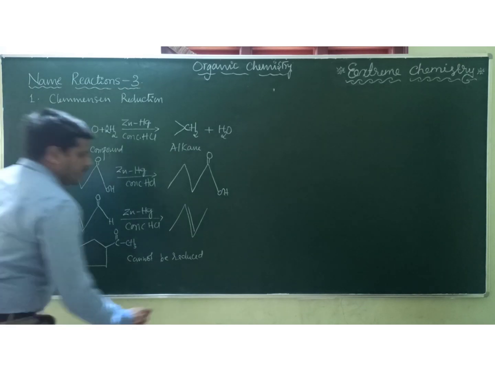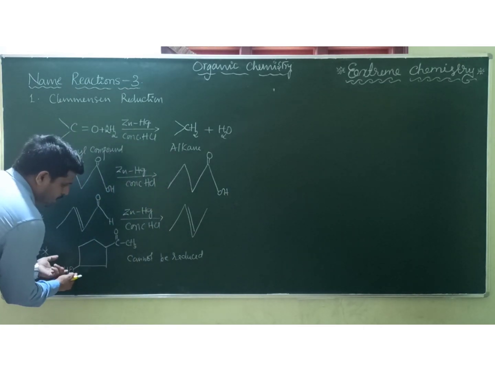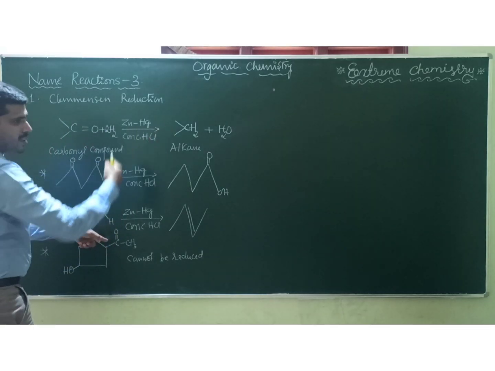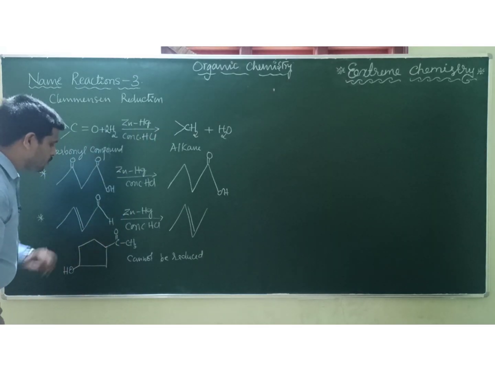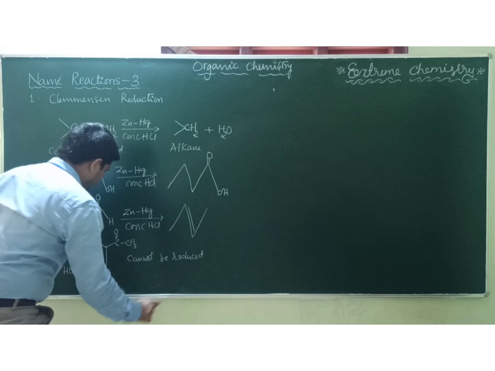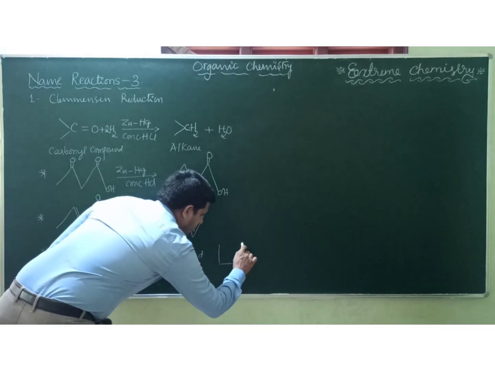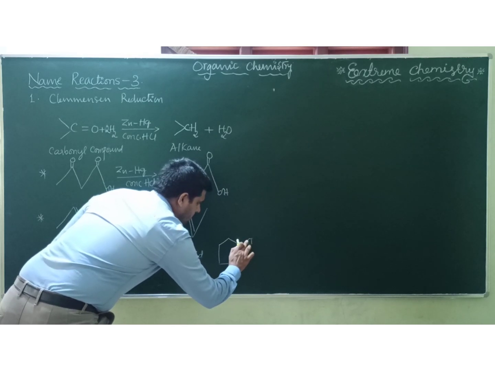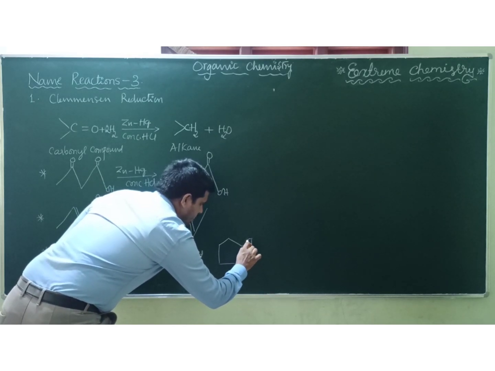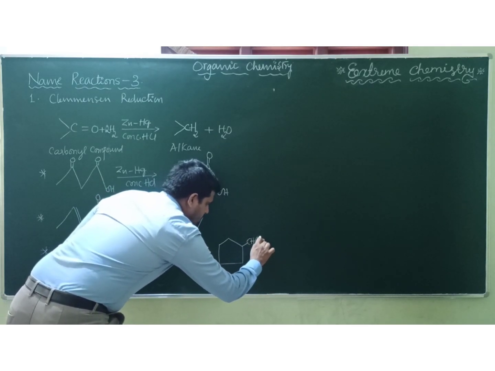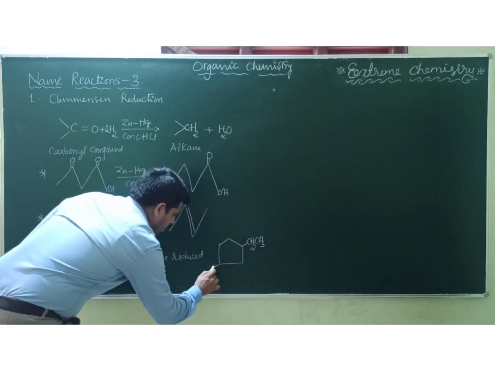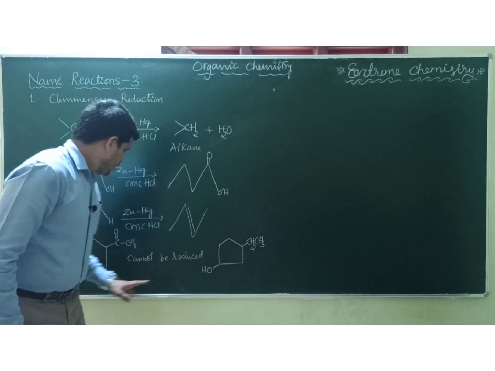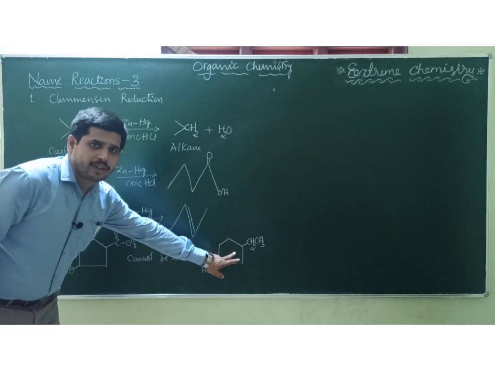Our expectation is the OH to be retained and the carbonyl to be converted into CH2, as per the reduction process. But it cannot convert the reactant into the compound with CH2 and CH3 and OH. So it cannot be reduced into this compound.